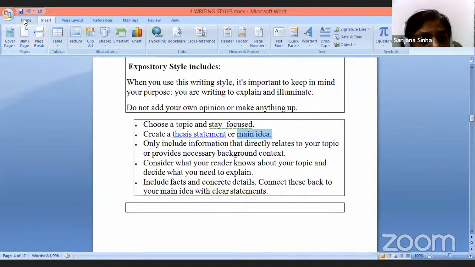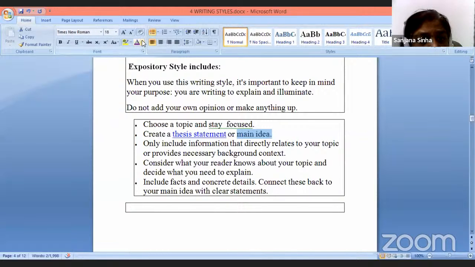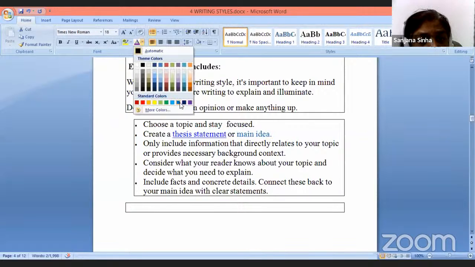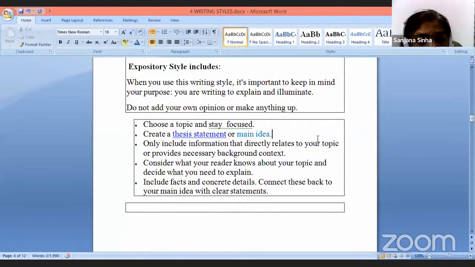Create a main idea. Only include information that directly relates to your topic, or provides necessary background context.